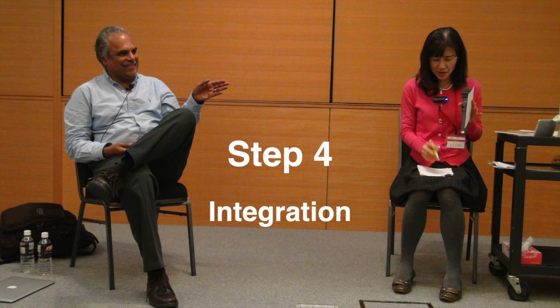And finally, the fourth step, which is an optional step, is the one of integration. What that means is that the body or the energy expands and becomes more regulated when we work with the underlying emotion that led to the shutdown. And whenever body energy is shut down, it becomes more dysregulated and more stressed.